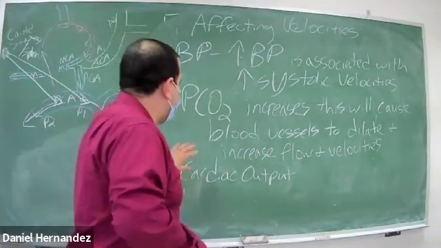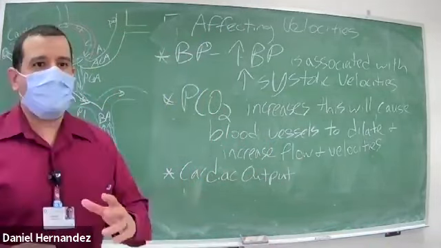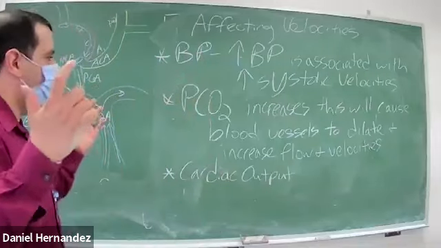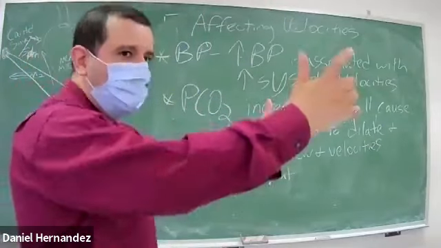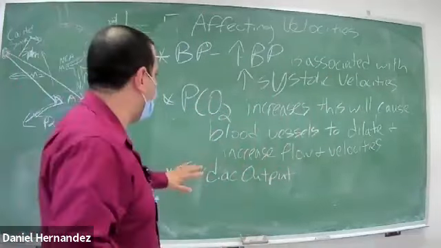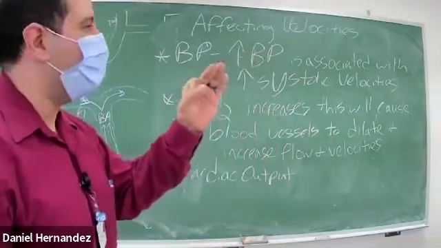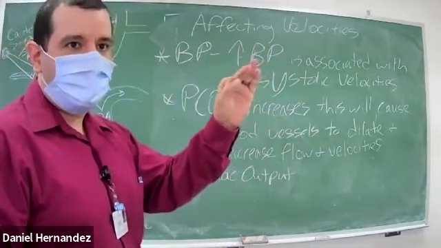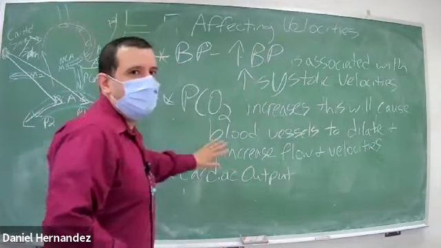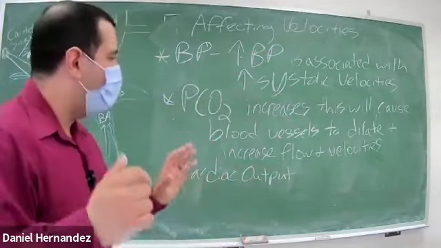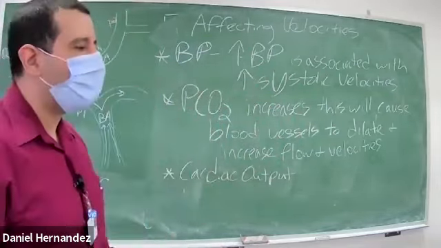With regards to increasing CO2 levels, this is going to cause a global dilation of vessels throughout the body. So you're going to wind up with more blood volume getting to the actual brain. Vessel diameter is more specific to the individual vessel in the brain, whereas increased carbon dioxide will cause all the vessels in your body to dilate, including your aorta, your carotid arteries.